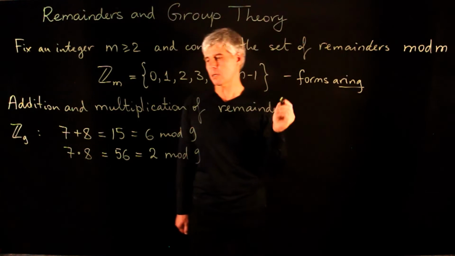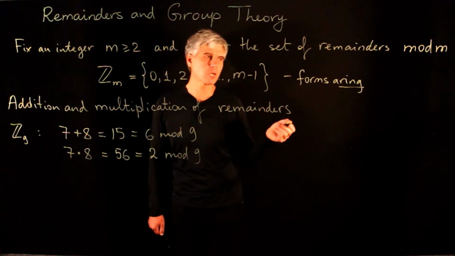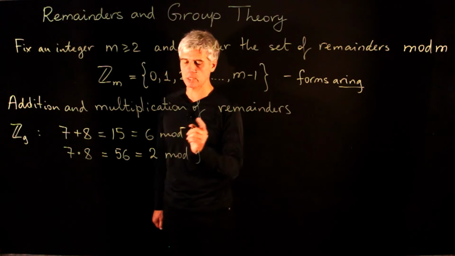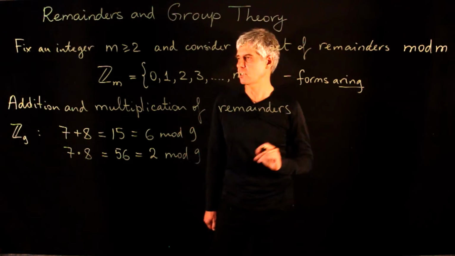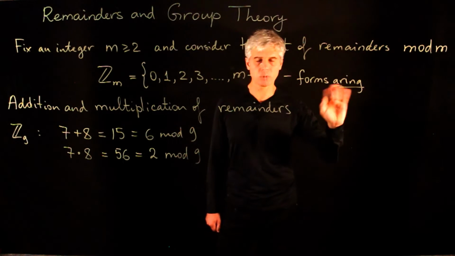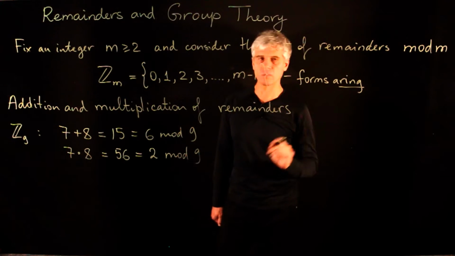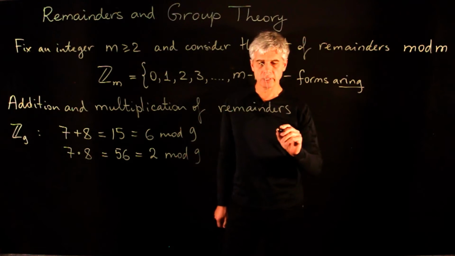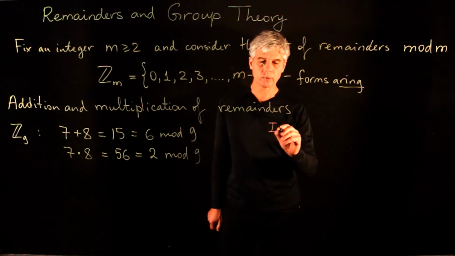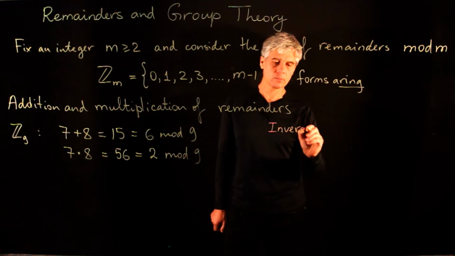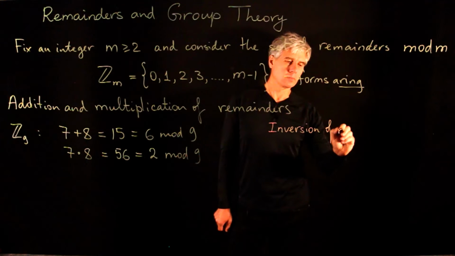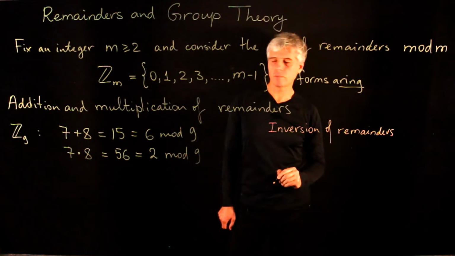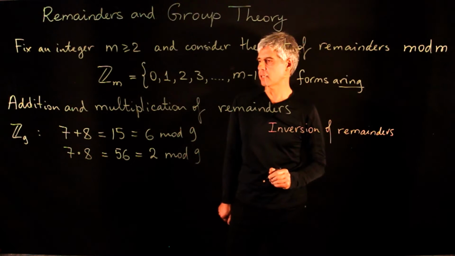Here, a ring is an algebraic structure with 2 basic operations of addition and multiplication that satisfy the natural properties that we expect. I'm not going to mention the definition of the ring; most of you know it. We will be particularly interested in the operation of inversion of remainders, that is, looking for multiplicative inverses.